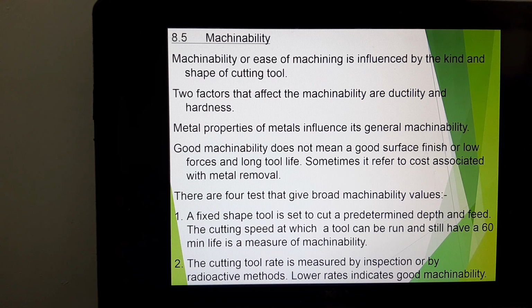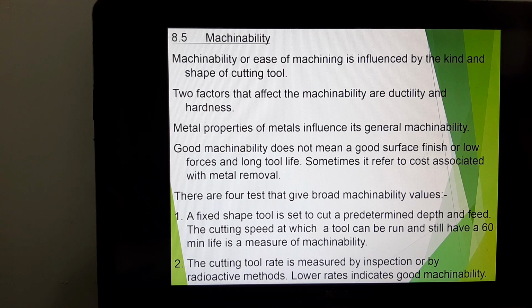If given a case scenario, I would expect you to explain to me machinability in terms of these 4 factors, which are number 1, tool life, number 2, surface finish, number 3, power consumption, number 4, cost involved.